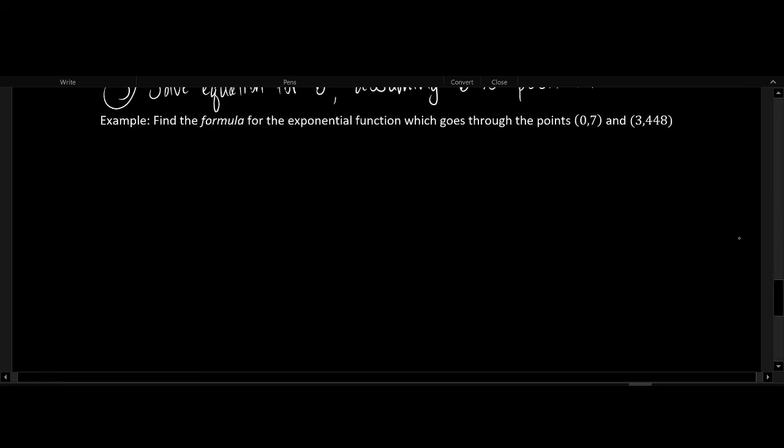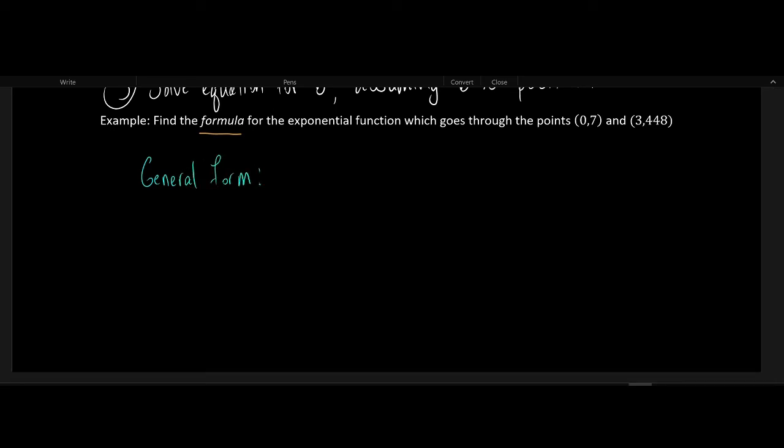Now let's close with one final example. Here we're not asked to find the base of the exponential function, we are asked to find the formula for the exponential function, which goes through the 2 points 0, 7, and 3, 448. So let's consider the general form of an exponential.